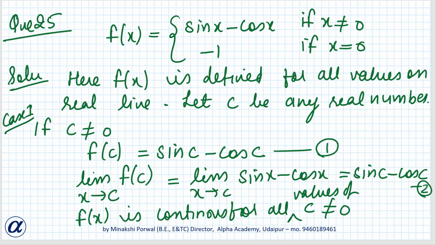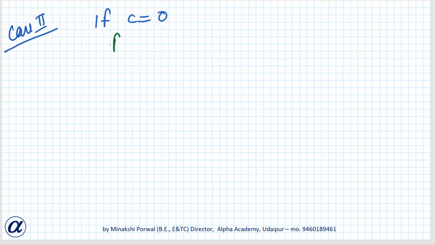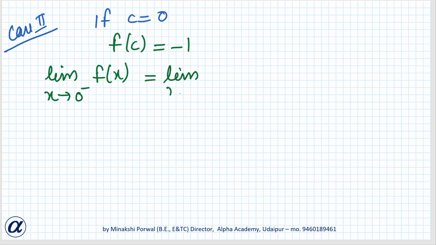Then second case, if C is equal to 0. If C is equal to 0, f(C) will be equal to minus 1, and limit x tends to 0 minus f(x) will be equal to limit x tends to 0 plus f(x), because the value on both sides of x equals 0 is the same only.